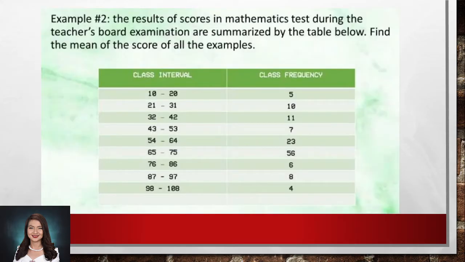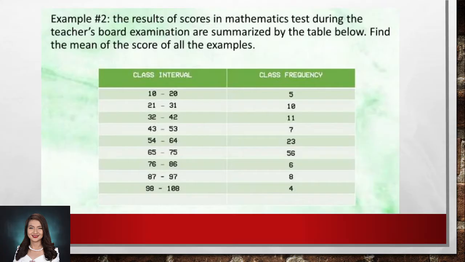Here are the results of scores in mathematics tests during the teacher's board examination, summarized by the table below. So we're going to find the mean of the scores. So we have here the class intervals from 10 to 20, 21 to 31, 32 to 42, 43 to 53, 54 to 64, 65 to 75, 76 to 86, 87 to 97, and 98 to 108.